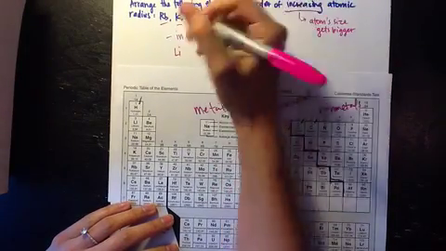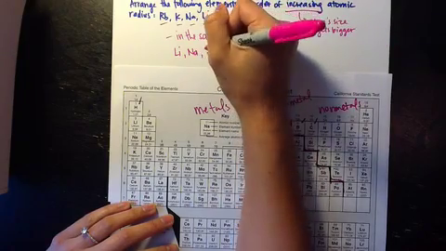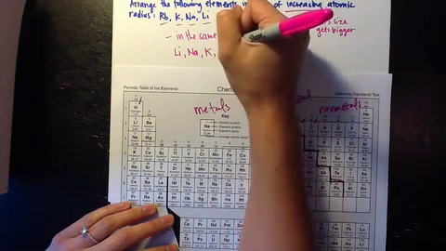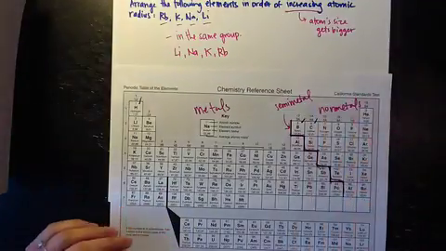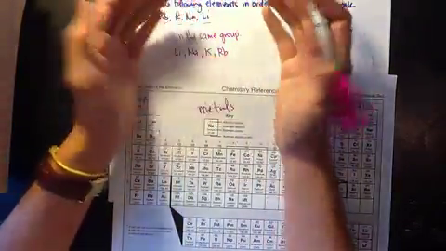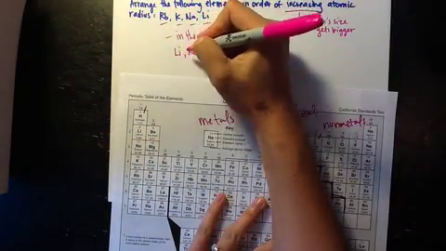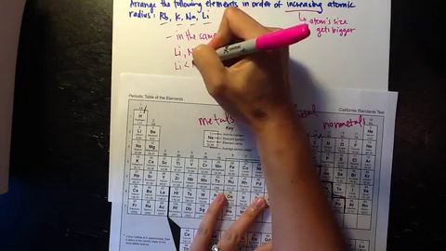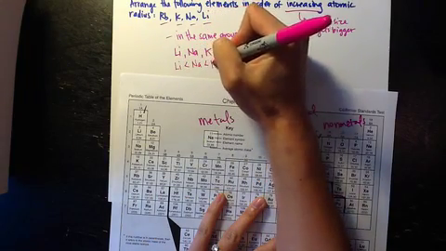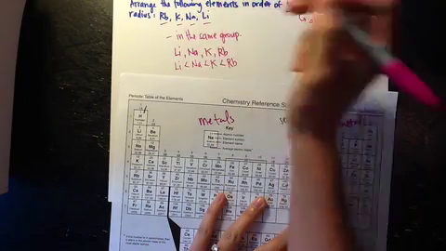Li is the smallest, followed by Na, followed by K. Finally, Rb is going to be my biggest one because it has the most shielding, and it has the most shells. Okay. What you might see is something like this. Don't forget that just means that this is the largest one, this is the smallest one.